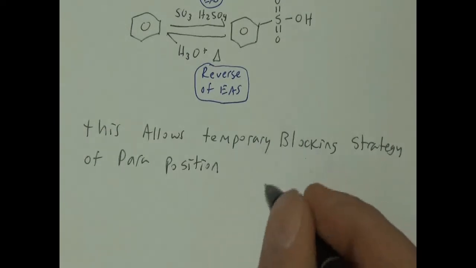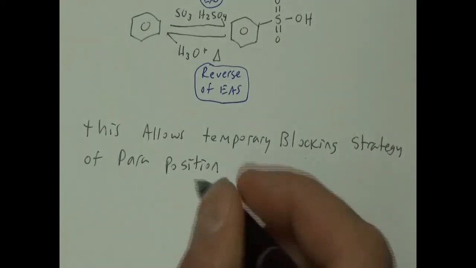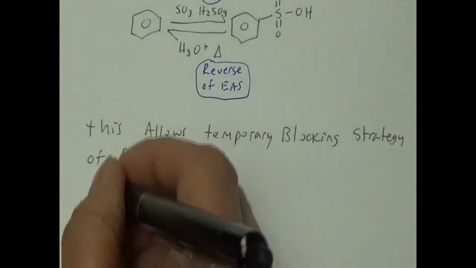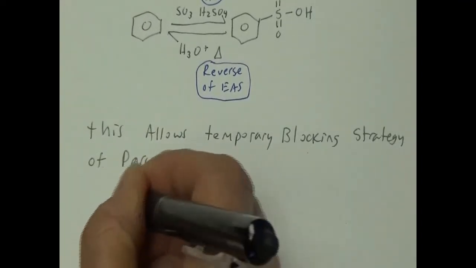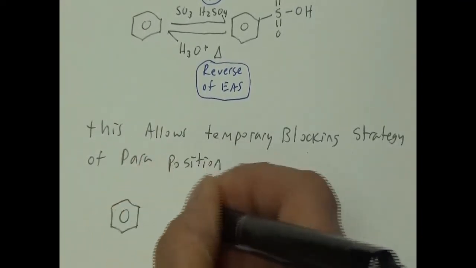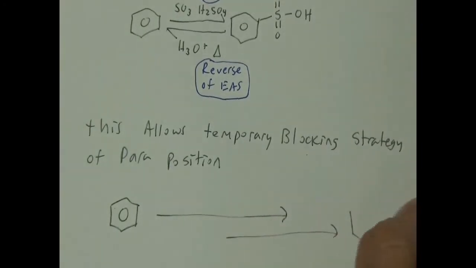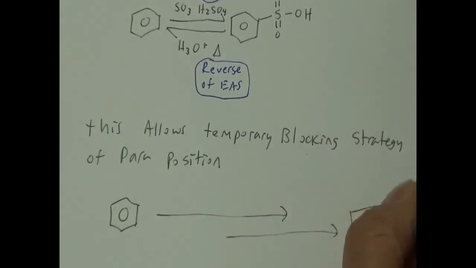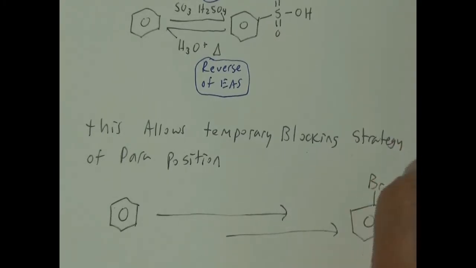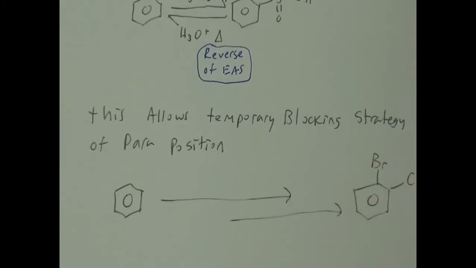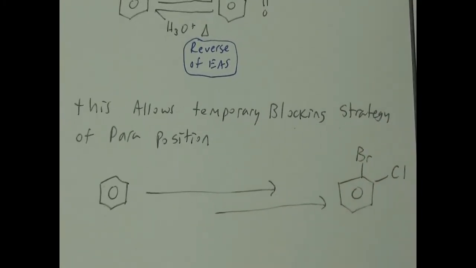This gives us an opportunity to do that. Okay, so I'm going to demonstrate it in a cool little example. What if I've got benzene and I want to make ortho-bromochlorobenzene? How am I going to do that?